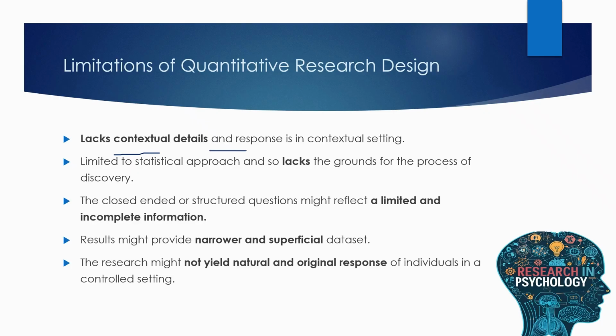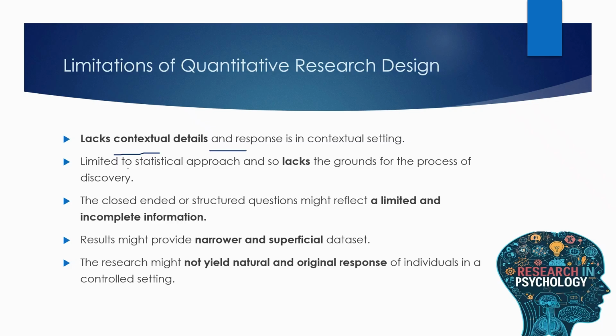So the person who's participating in the research can only answer in yes or no or in the multiple choice that you're providing. So you won't have any contextual details. Like if you're asking a question and someone answered yes, you don't know why the person answered yes or why the person answered no or why the person answered don't know, right? So it lacks contextual details.